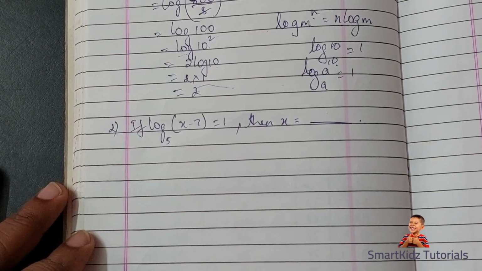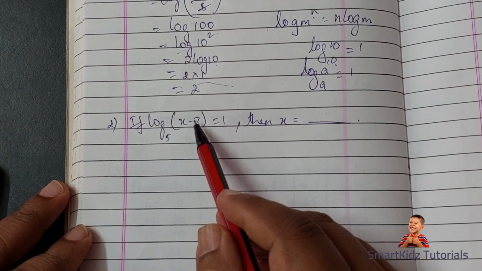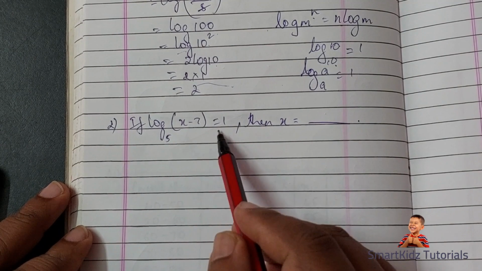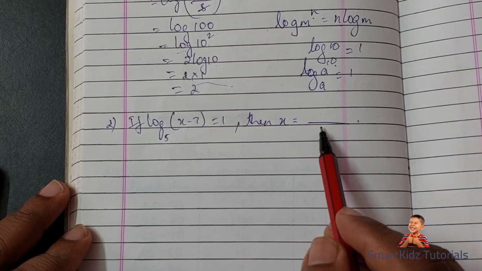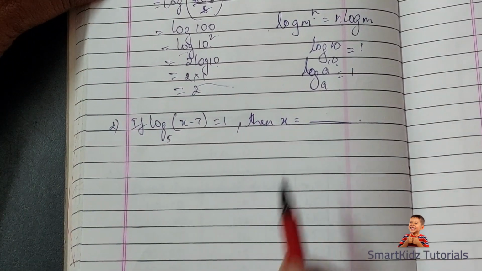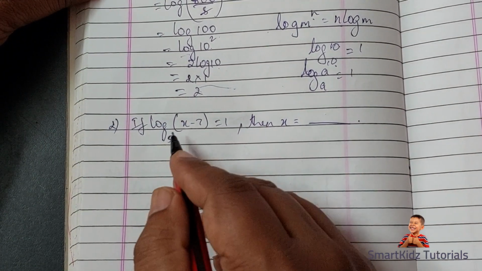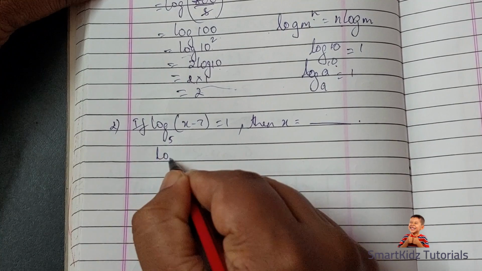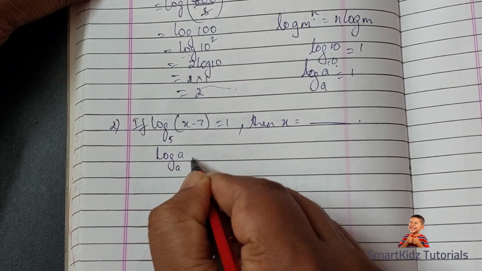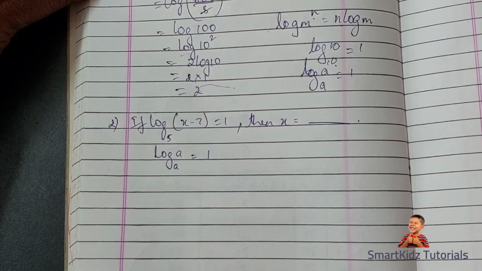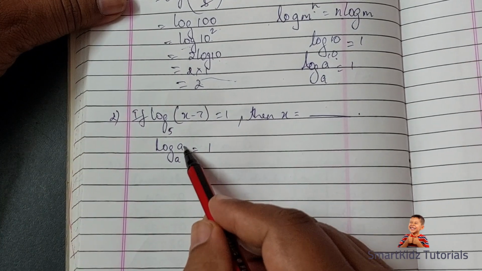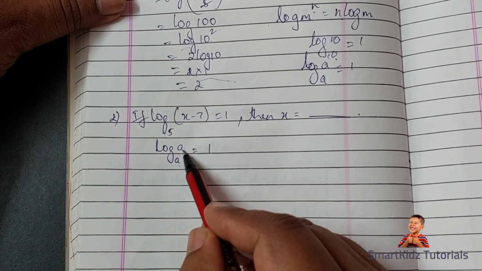Next question. If log of x minus 7 to the base 5 is equal to 1, then x is equal to what? Now, you should know we say log of a to the base a is equal to 1, correct? So the base should be the same as the number.